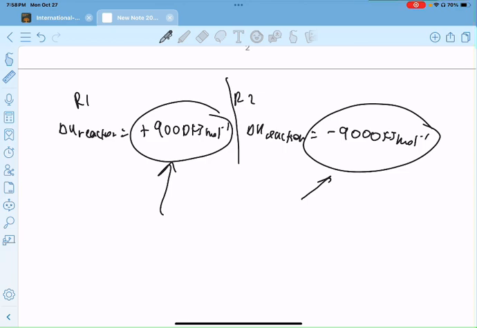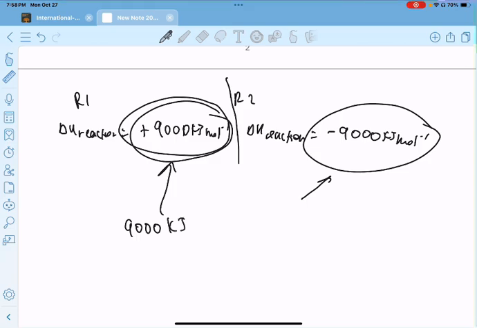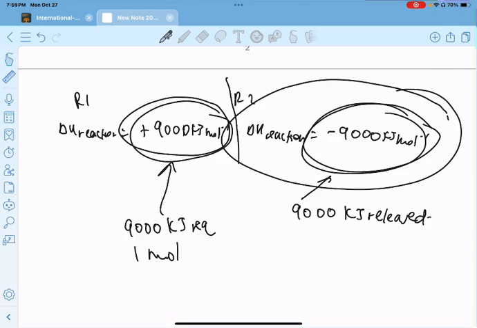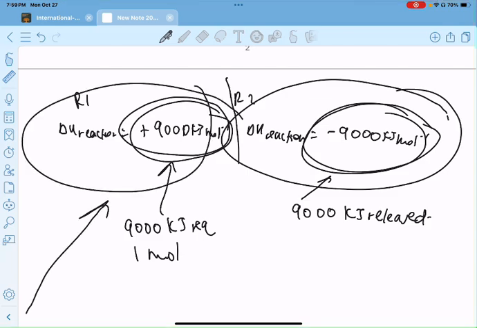Let's see what it means. The positive 9,000 tells us that this reaction is endothermic. 9,000 kilojoules will be required for every 1 mole of reactants for the reaction to take place. Here, 9,000 kilojoules is released every time 1 mole of the reactant reacts to form 1 mole of the product, right? So based on that, we can tell that reaction 2 is much more likely to occur than reaction 1, because for this reaction you need to feed energy for that value to be reached, then only the reaction will take place.